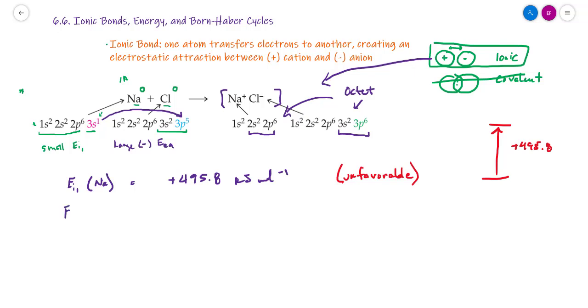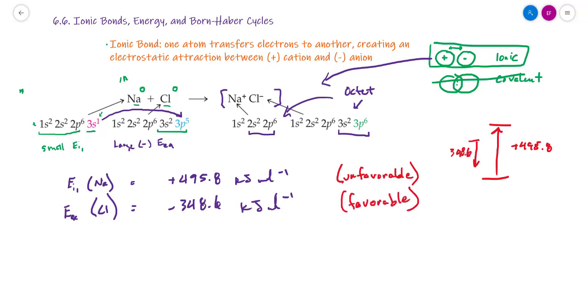Let's think about the first electron affinity energy for chlorine then. That's going to be minus 348.6 kilojoules per mole. Is that net favorable or unfavorable? Well, that's a release, right? So we get this release of minus 348.6 kilojoules per mole. That's a net gain, right? We're lowering the energy of the system.